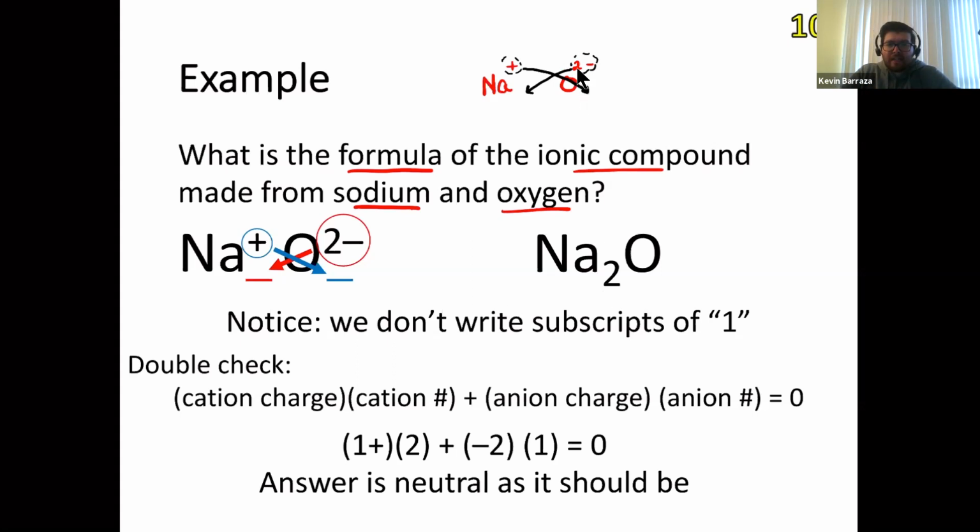So according to the crisscross method, we need 2 sodiums and 1 oxygen to make a compound between them. So that means when sodium is mixed with oxygen, the formula of the compound it makes is Na2O.